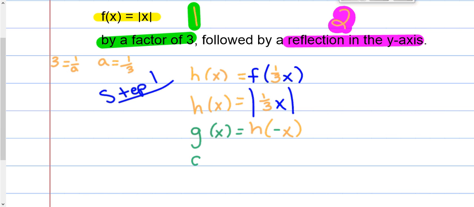If I have g of x equals, h of x is this absolute value right here, so I have the absolute value of 1/3 times my negative x.